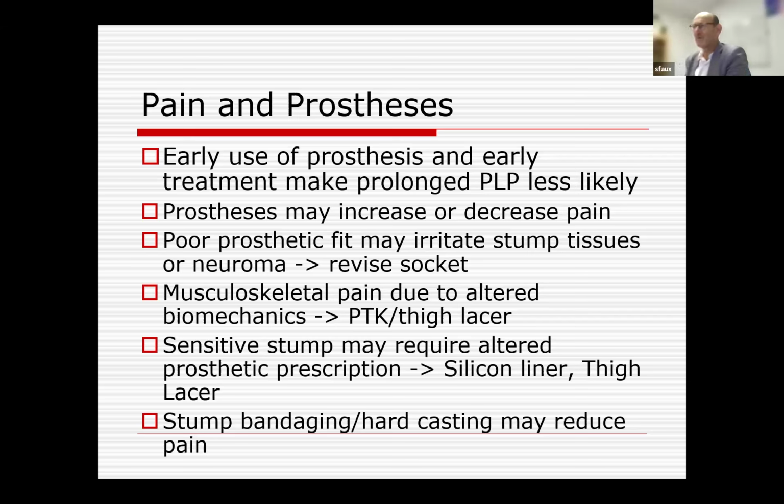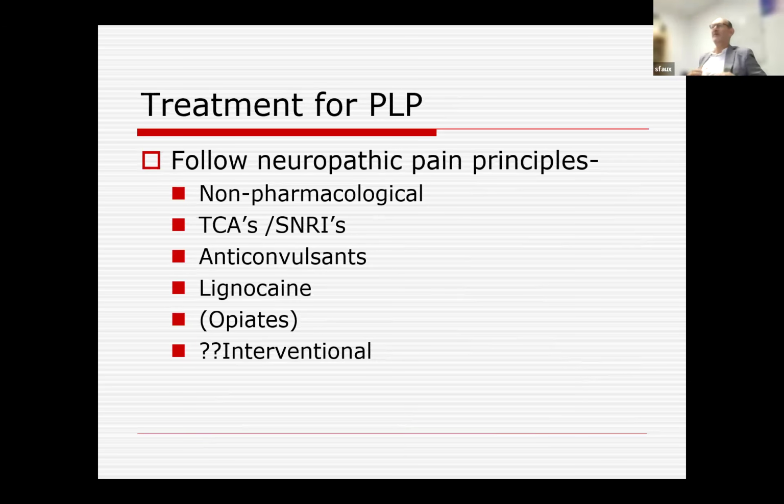Sensitive stumps might require altered prosthetic prescriptions like silicone liners or thigh laces, and stump bandaging and hard casting straight after the surgery can reduce pain by limiting edema. So it should be pretty standard that when you have an amputation, you wake up with a plaster around the end of your stump. So what's the treatment of phantom limb pain?